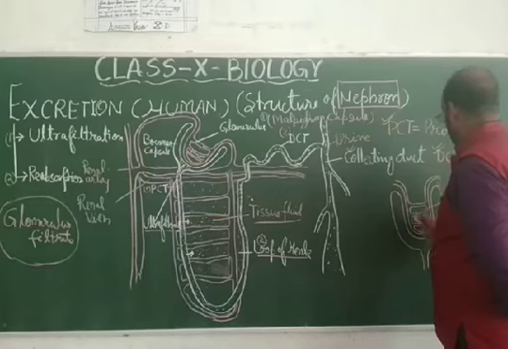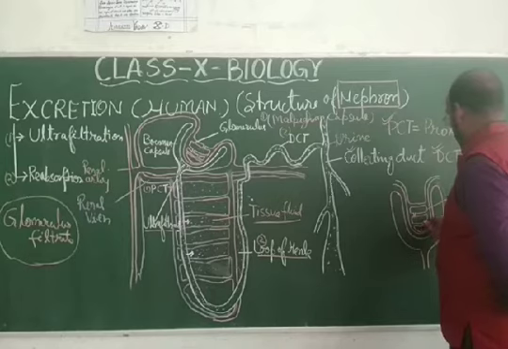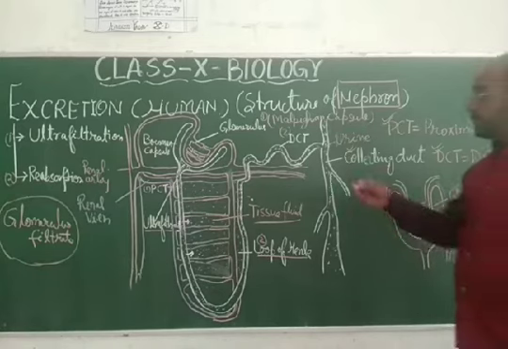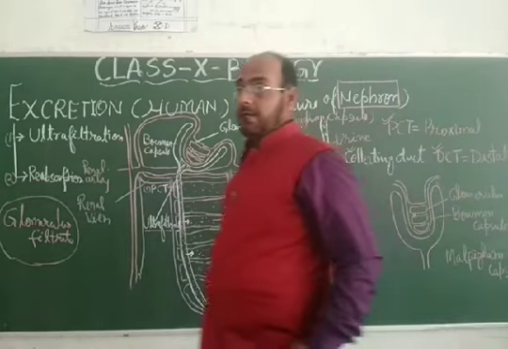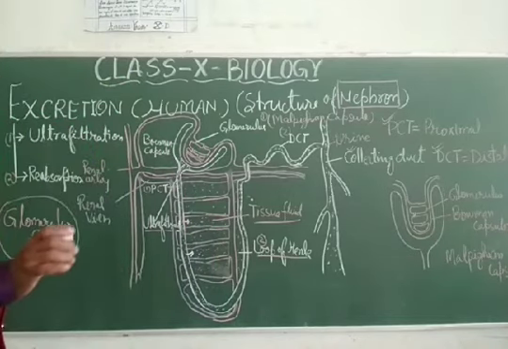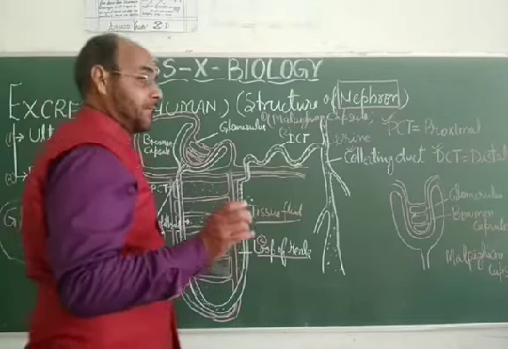And here you see the complete net of the blood capillary, that is arteriole. Please note that in the Bowman capsule only arterioles form the net of blood capillaries, not the venules or the renal vein.